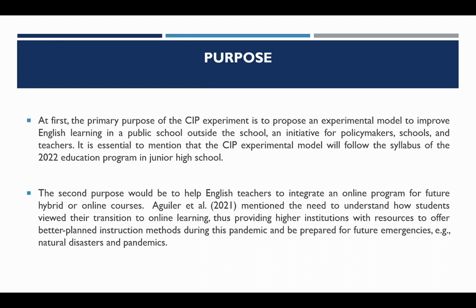As you all know, in the following year, the 2022 educational program will start to be implemented in junior high school. And on the other hand, the second purpose would be to help English teachers to integrate an online program for future hybrid or online courses.